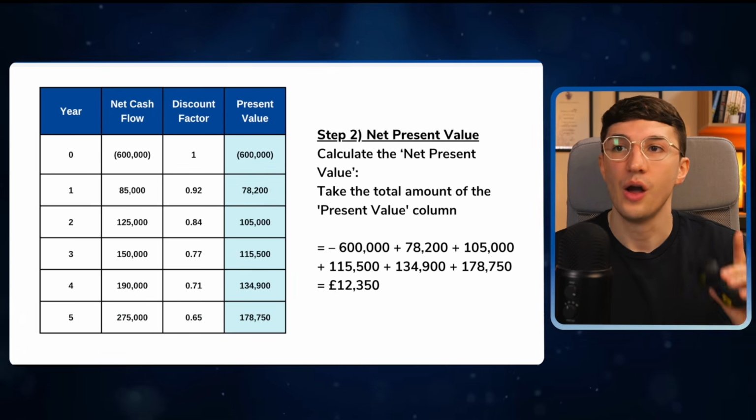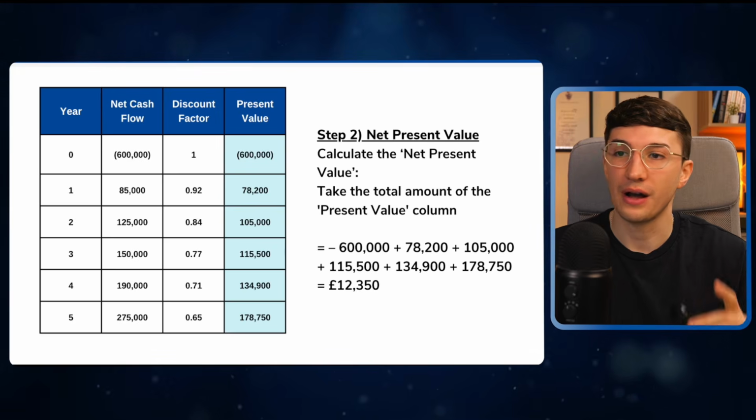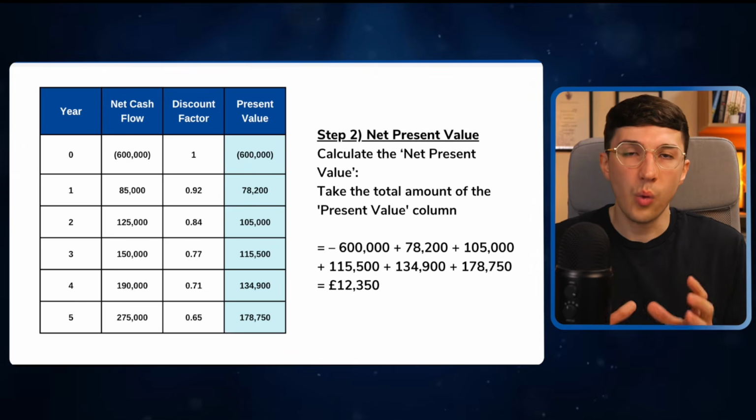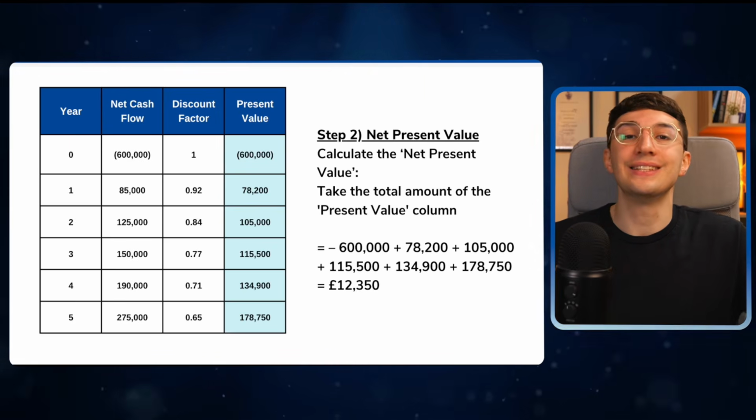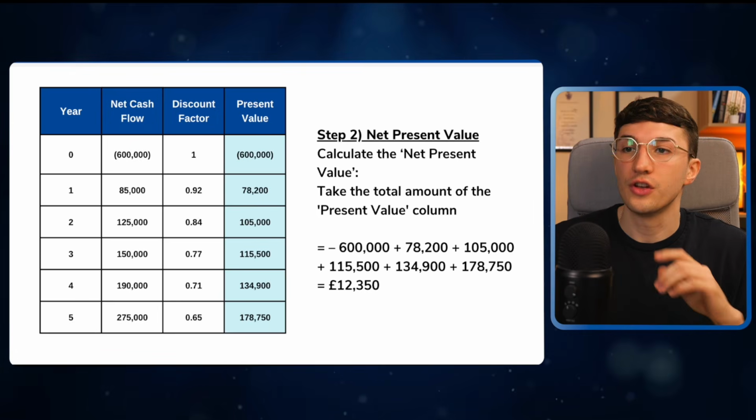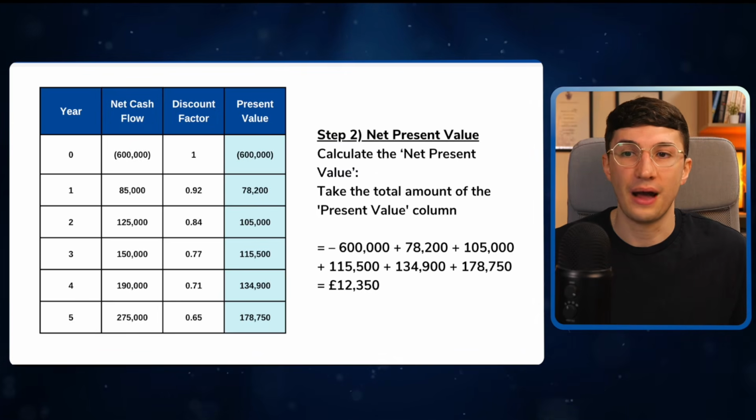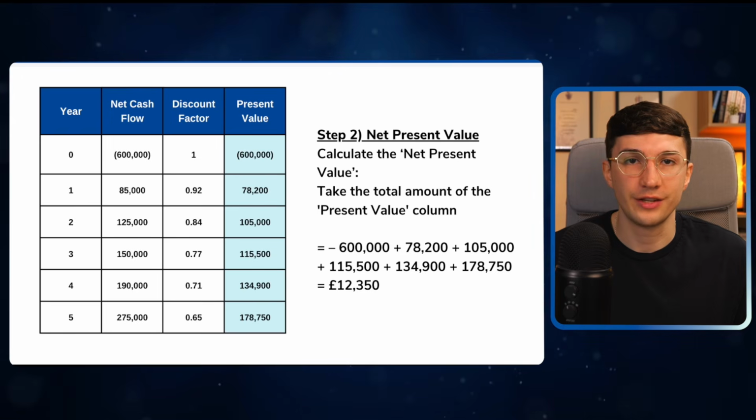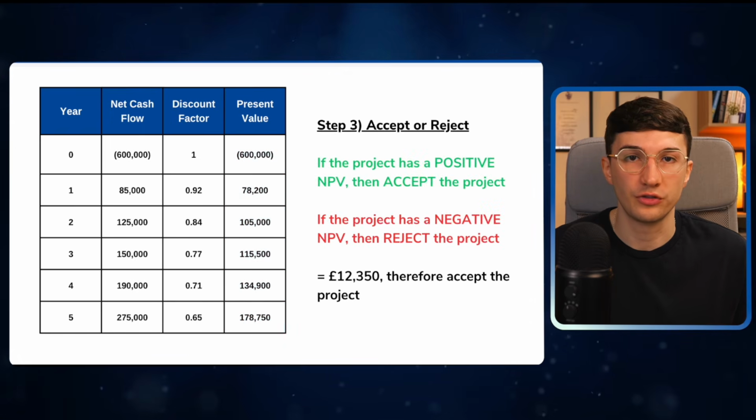And then once we do that, we get a net present value of £12,350. So what we're saying is that project in today's world will return us £12,350.